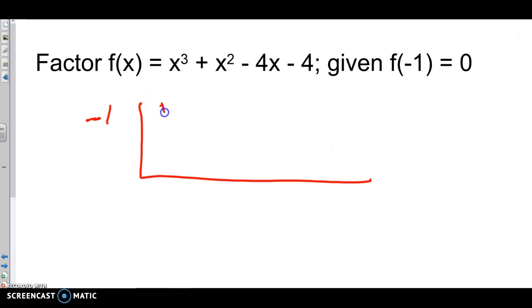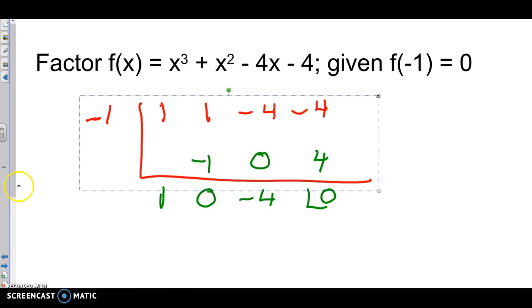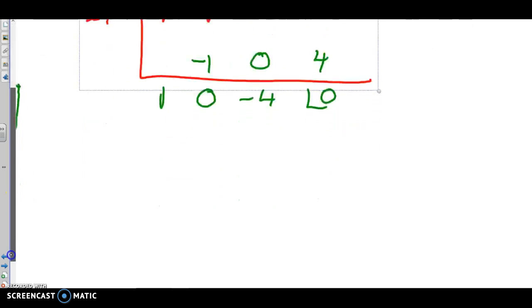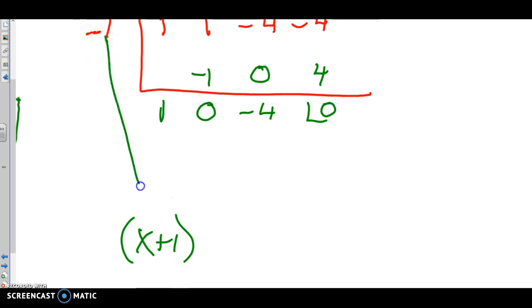My coefficients are 1x cubed, 1x squared, -4x, and -4. Bring that first number down, multiply, add, multiply, add, multiply, and I get a 0. So I know x plus 1 is already a factor. That's coming right from there.